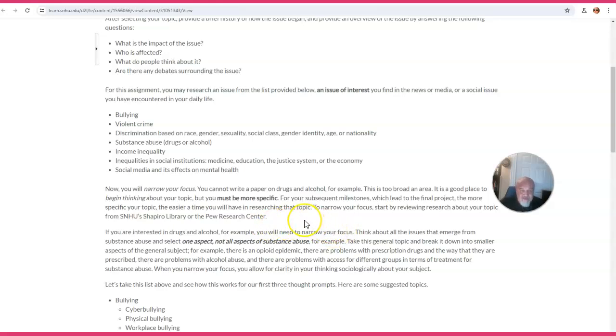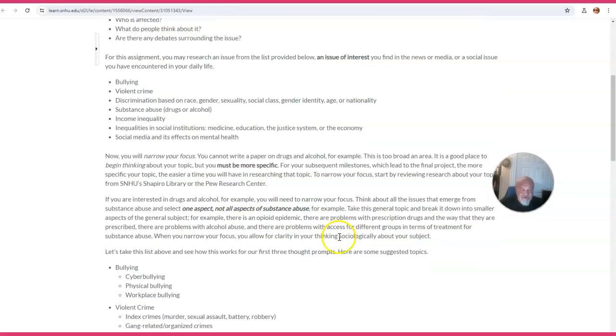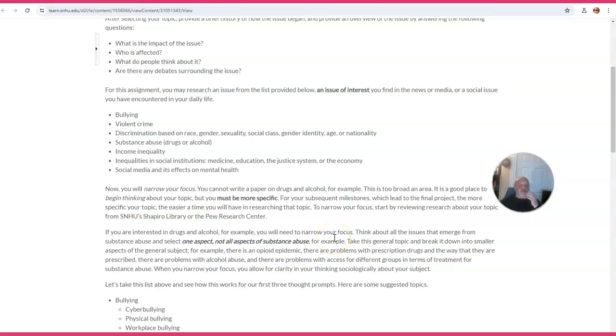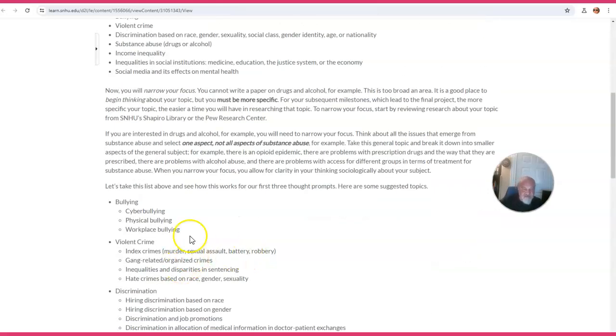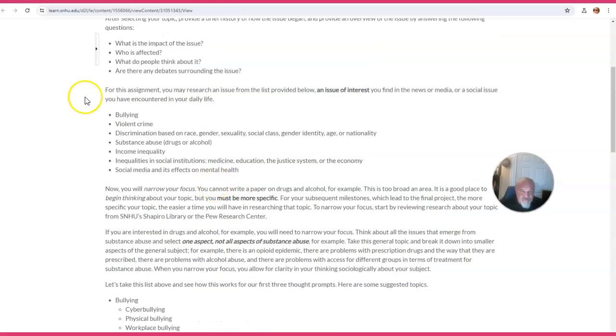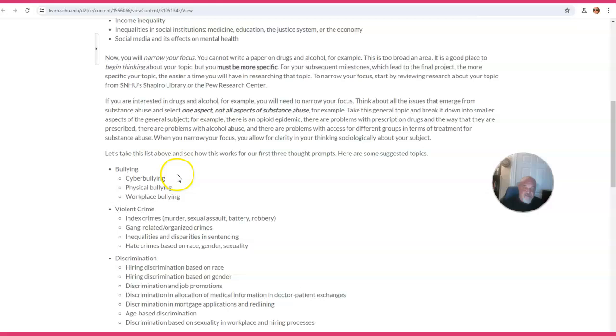Narrow your topic, okay? Same thing with bullying, right? People want to write about bullying, and there's a million papers on bullying. So let's take a look at this. Look at the first three thought prompts up here, right? Bullying could be, you narrow it down: cyberbullying, physical bullying, workplace bullying.